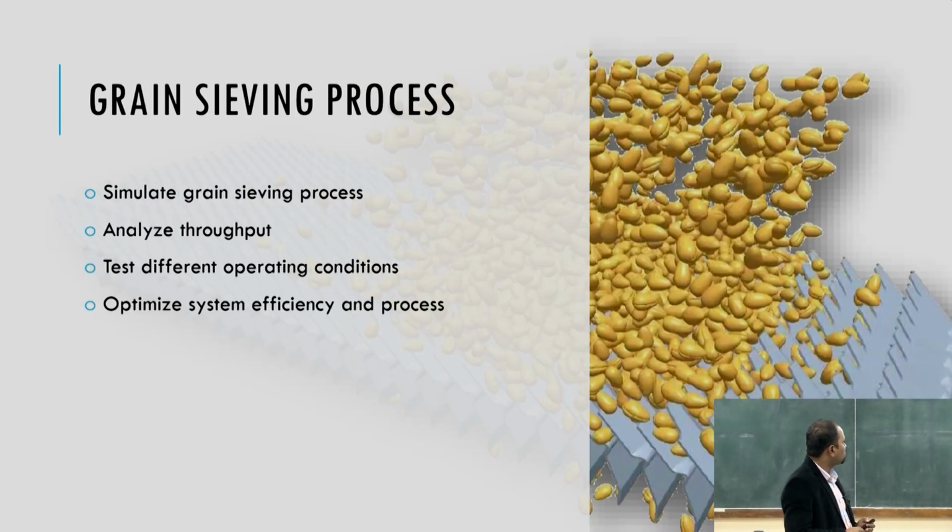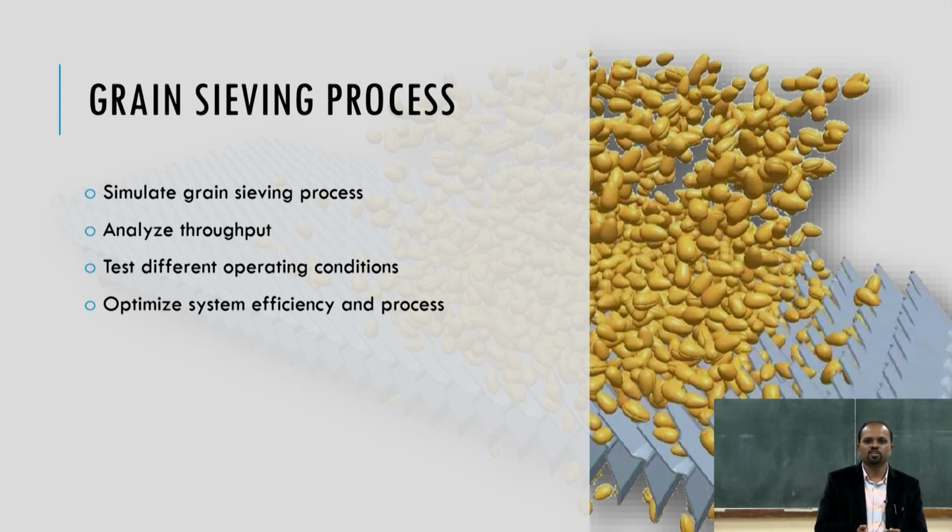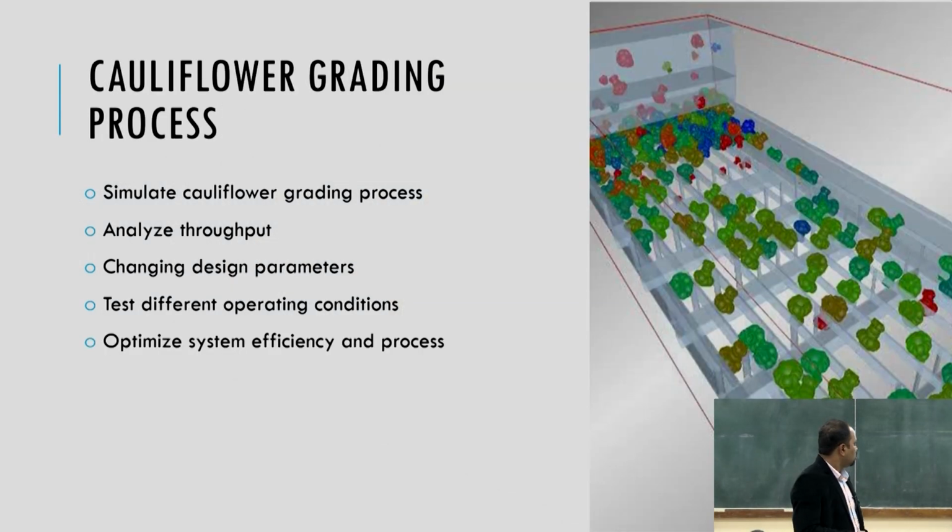Then grain sieving process, here you can analyze the throughput of the grain, you can change the sieve without actually designing it, right. And you can do it for other particles also, not only restricted to wheat, you can take other grains too. And this I had taken for the cauliflower grading, a cauliflower grader is there.